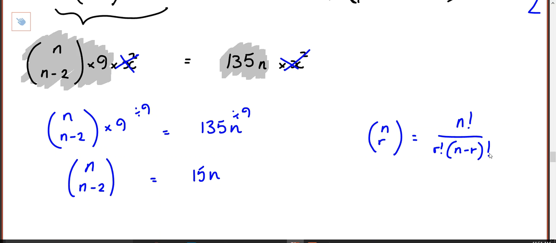Can I get rid of the n over n minus 2? Could I have it n over something else, by any chance? Is there anything you know about these coefficients that enables me to not change its value but make it simpler? It's not to do with adding or subtracting anything.